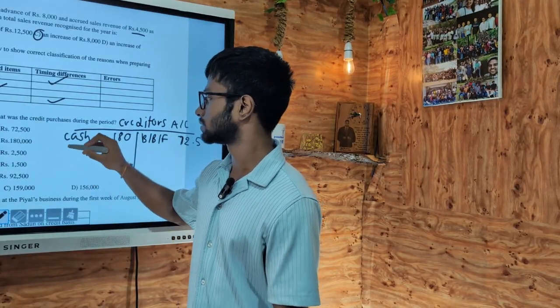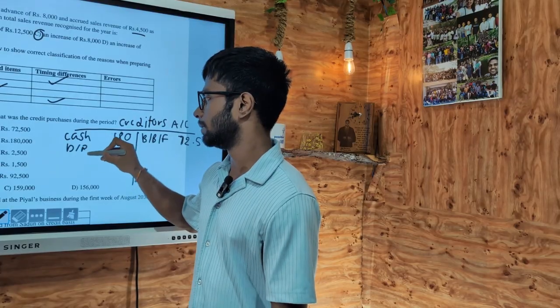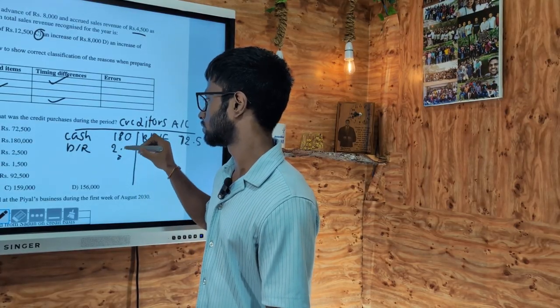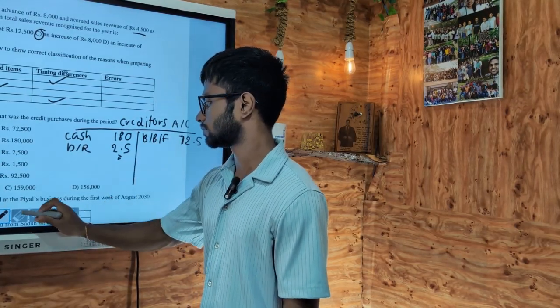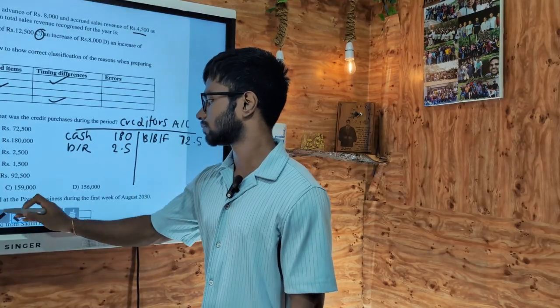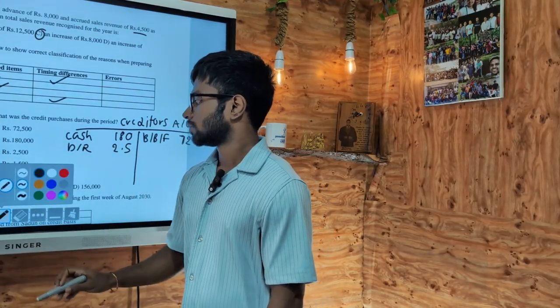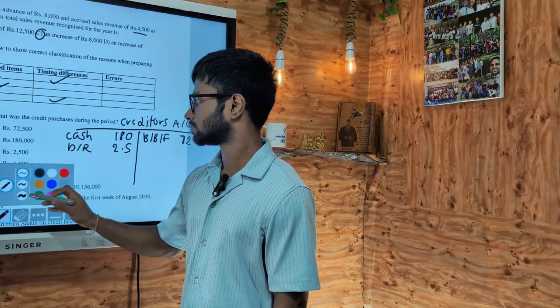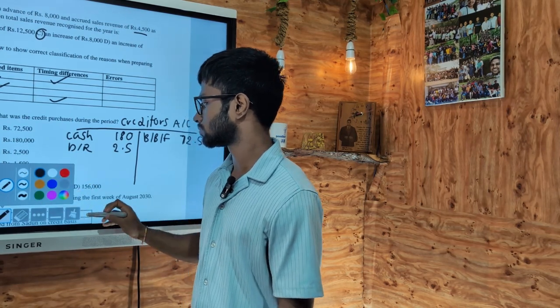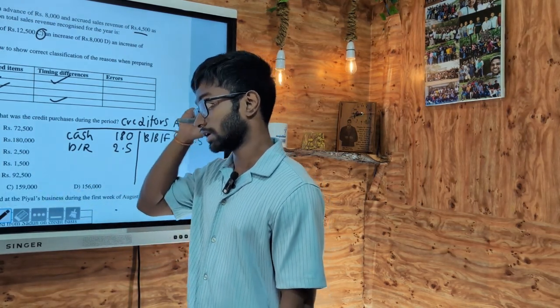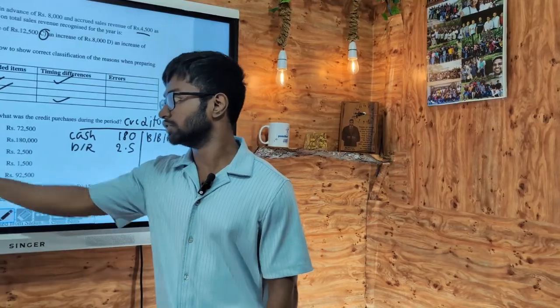So the creditor gets debited by 2.5. Next you have goods return.